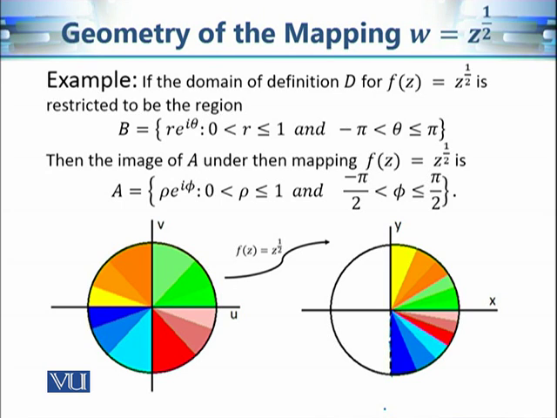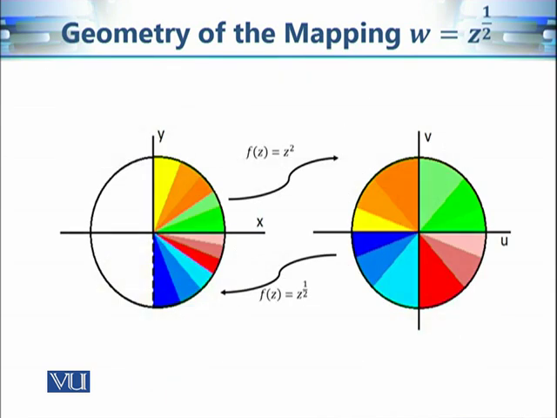We can easily observe that the complex numbers lying in this green region will be mapped onto complex numbers in this green region, and similarly for the other colors. Of course, if we apply z square, then this half unit disk will be mapped onto the full disk, and if we apply this principal root function, then this full disk will be mapped onto this half disk.